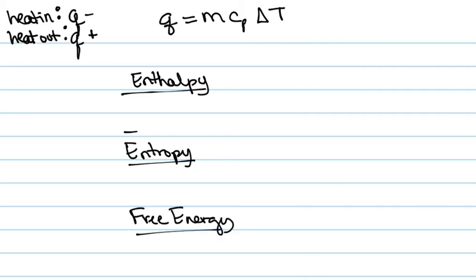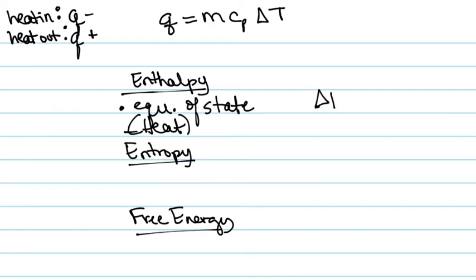So description for those, our enthalpy, which is Hess's law, is an equation of state based on heat. So we are talking about heat transfer. We have delta H of the reaction is enthalpy of your products minus enthalpy of your reactants.